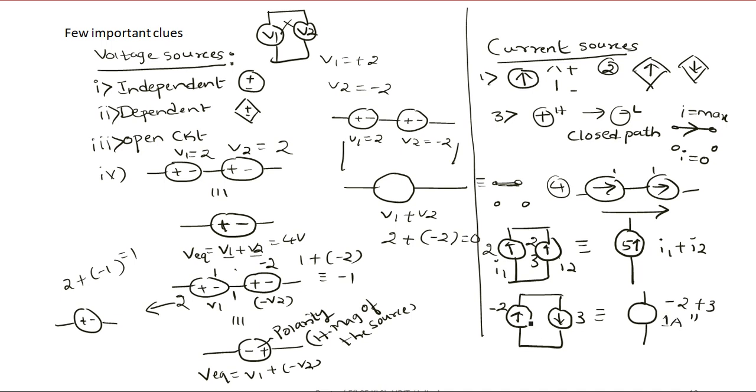But out of these two, which one has the highest magnitude? The highest magnitude current source is 3. So you have to prefer that current direction. So this will be the direction. If it is something like minus 3 here as well, then minus 2 plus minus 3 is going to give us what?